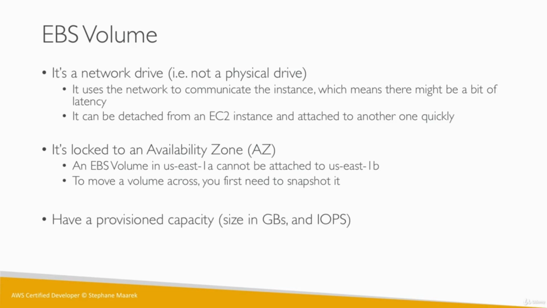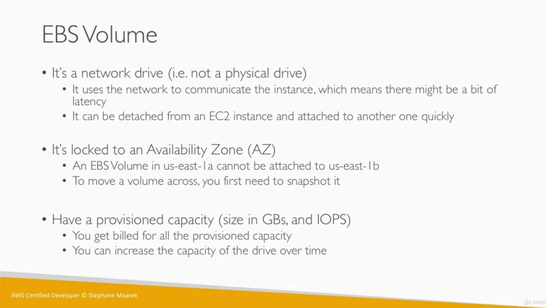EBS volumes, at a high level, have a provisioned capacity, so you need to say how many gigabytes you want, and IOPS. IOPS are basically IO operations per second. And you get billed for all the provisioned capacity, okay? So you say in advance how much you want, and Amazon bills you for it, whether or not you use the total size or the total IOPS. You can increase the capacity of the drive over time in gigabytes and IOPS, as we'll see in a second.